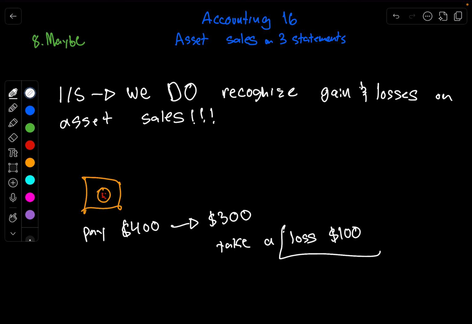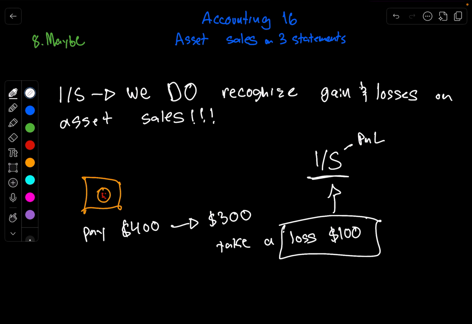This loss of $100 is on our income statement, right? We are going to recognize this loss on our income statement because what is our income statement? It's our P&L, our profit and loss.